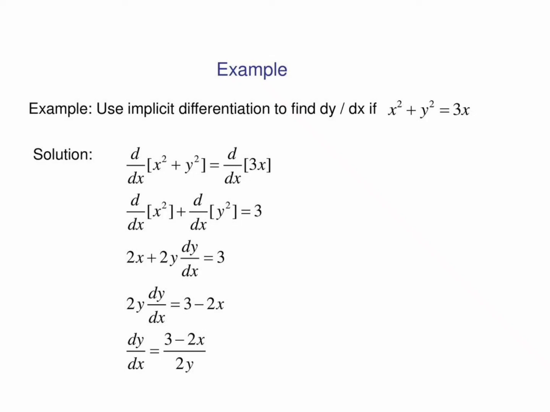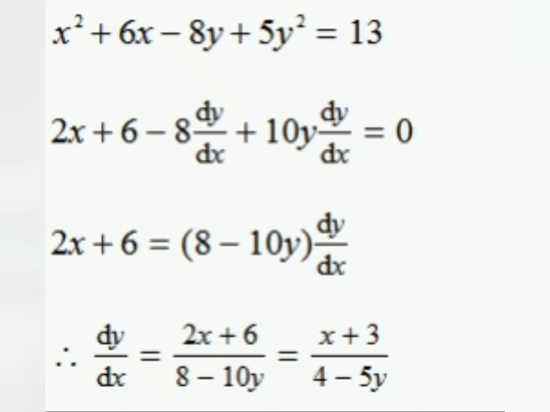Look at the second example. Here there are two terms with variable y, and they are all at the left hand side. So you differentiate each term, but remember that every term with y, you differentiate and you add dy dx. Finally, you make dy dx the subject, and that will be the solution.